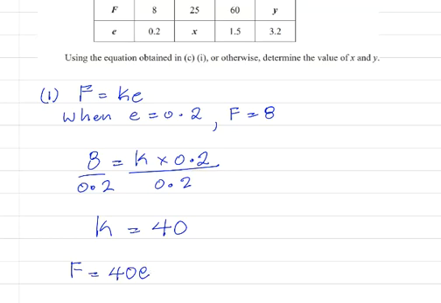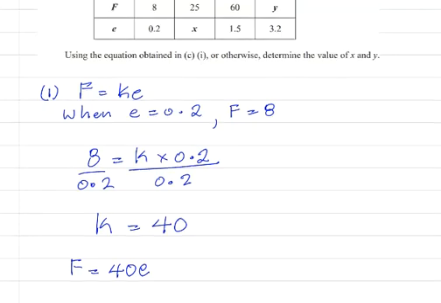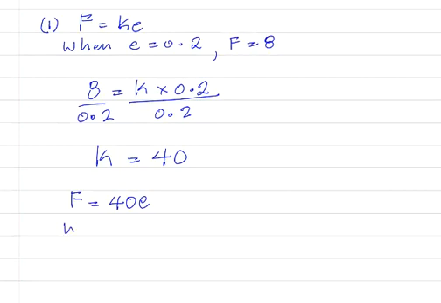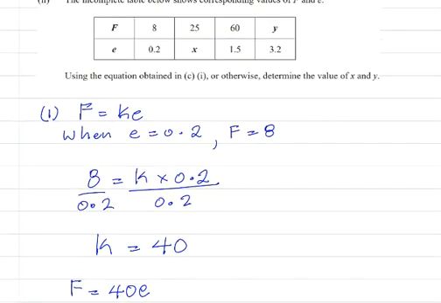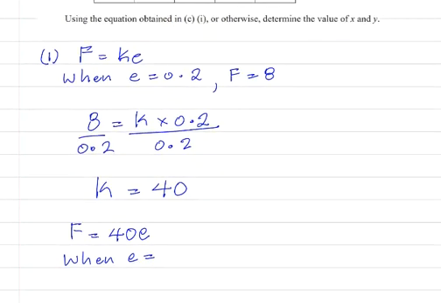All right. So when E is equal to x, F is equal to 25. So let's look at that. I'm going to say when E is equal to x, F is equal to 25.